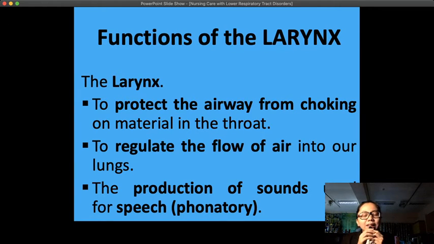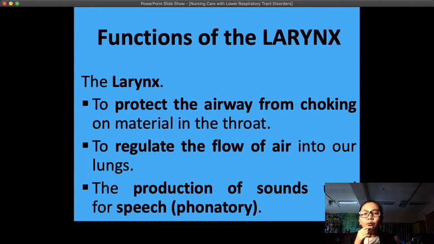So you really have to take care of your bodies. You really have to take care of your voices. You really have to take care of your face, your respiratory system, your upper and lower respiratory tract. Because, okay, your larynx, for example, it is the one protecting you from choking. Remember that we eat anything, okay?